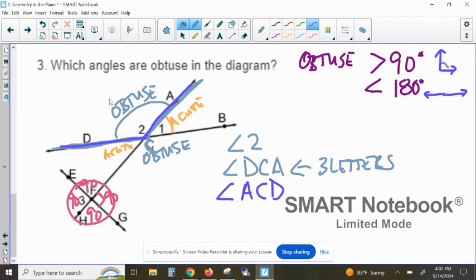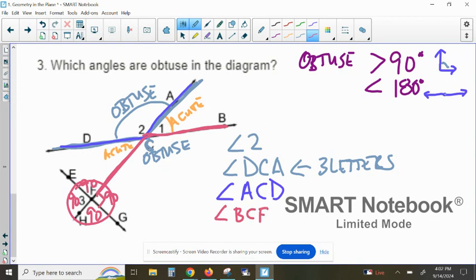Let me pick a different color. I'll go pink for the bottom. We also have this guy over here. So we have to start down here and go from there. That's this pink guy. Now he doesn't have any number here, so we can't call him by a number, but I can call him by 3 letters. I can go from B to C to F, for example. Angle BCF.